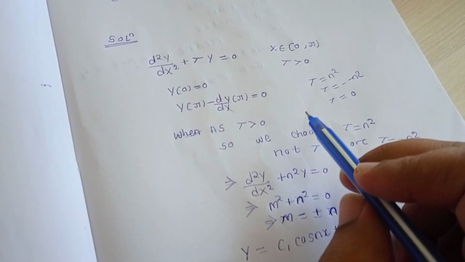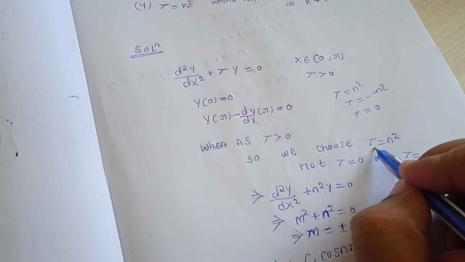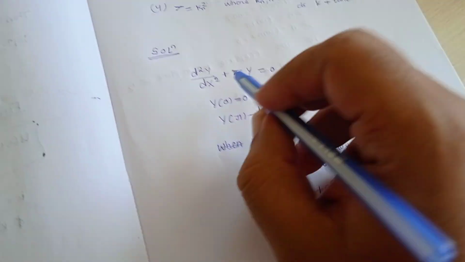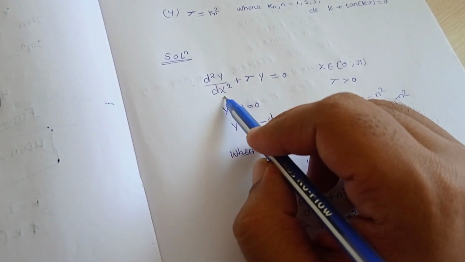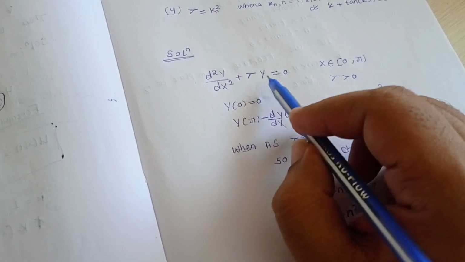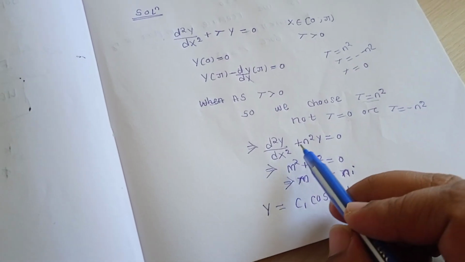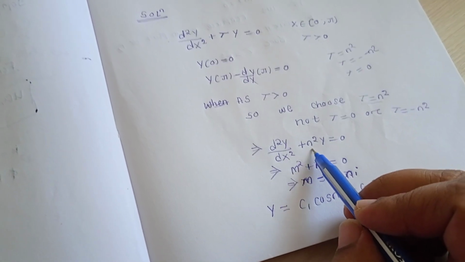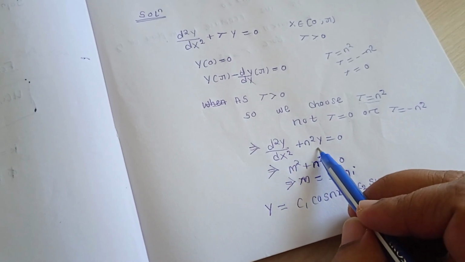So for lambda equal to n square, this equation becomes d square y by dx square plus n square y equal to 0.